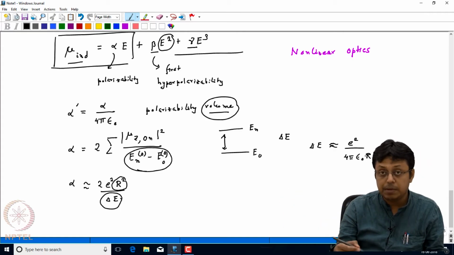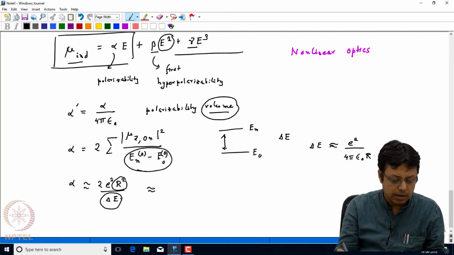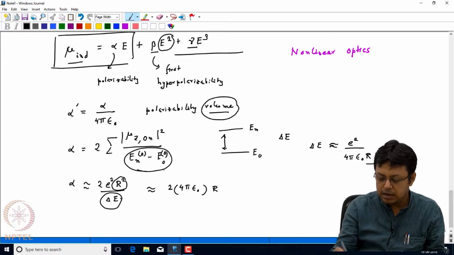Now, we can replace this value of delta E in this equation, and what we find here is that alpha will be something like 2 times 4 pi epsilon 0, into, I have one r here and one r here, so I will have r cube.